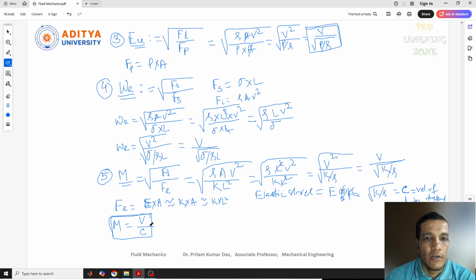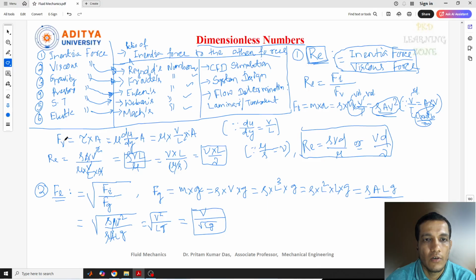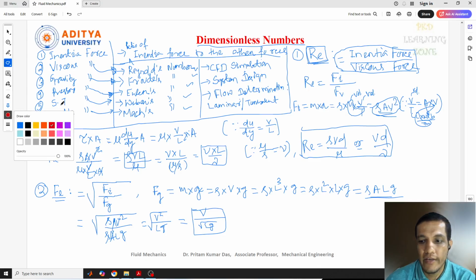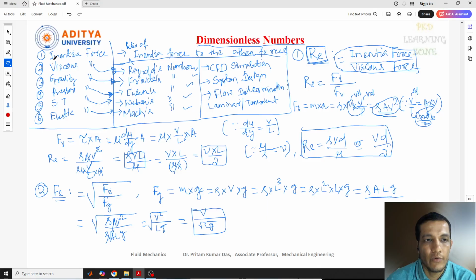Okay. So as you have seen what we have discussed here, the forces and the dimensionless numbers. It's a very simple concept. We only need to remember these forces: inertia force, viscous force, gravity force, next is pressure force, surface tension force, elastic force.